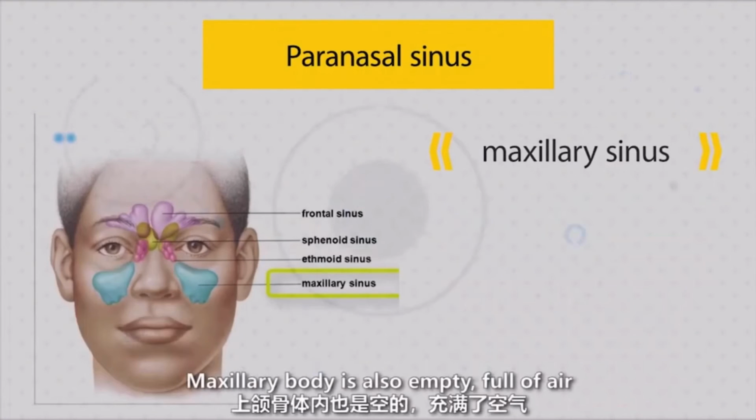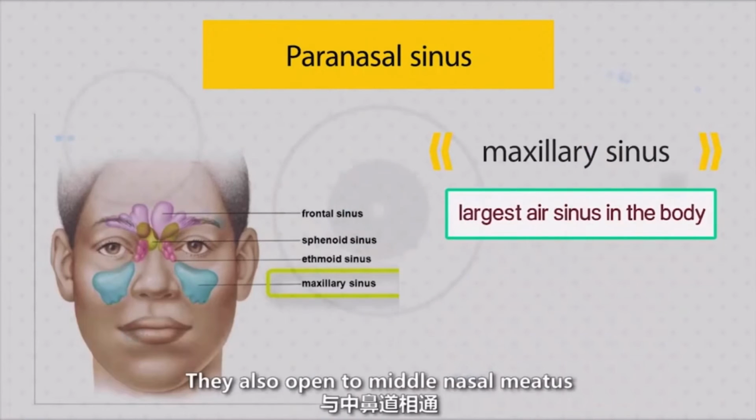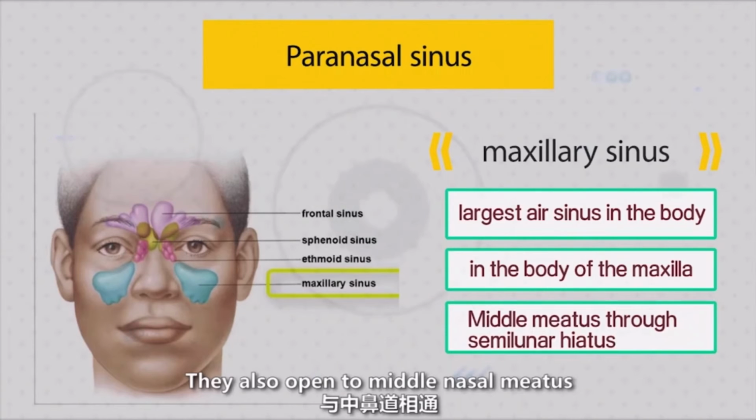The maxillary sinus inside the maxillary body is also full of air and opens to the middle nasal meatus.